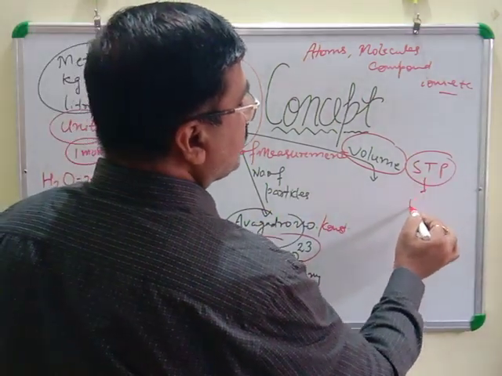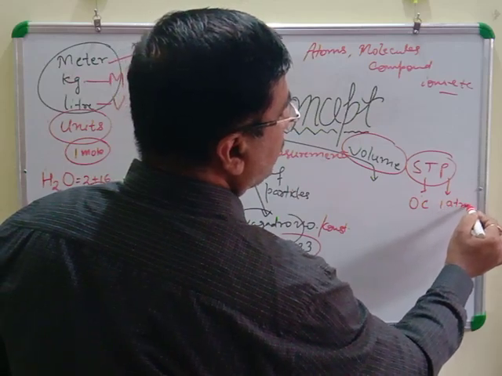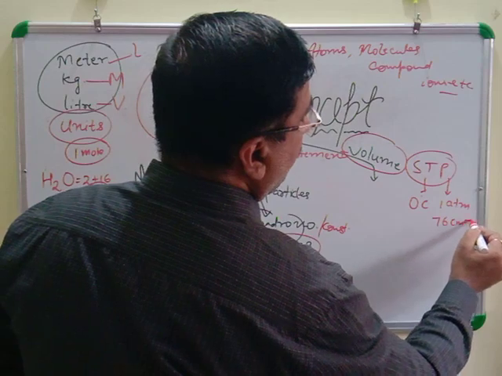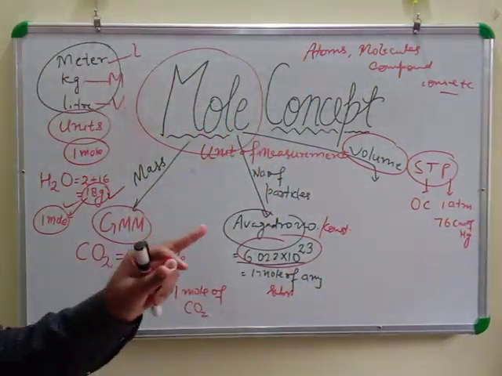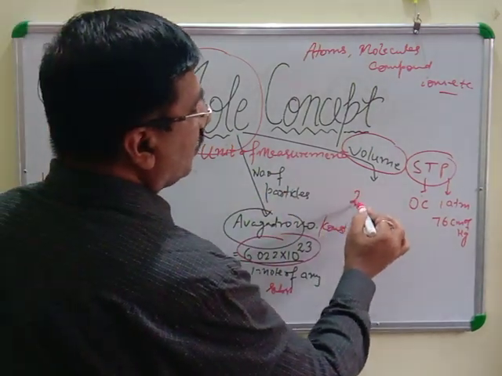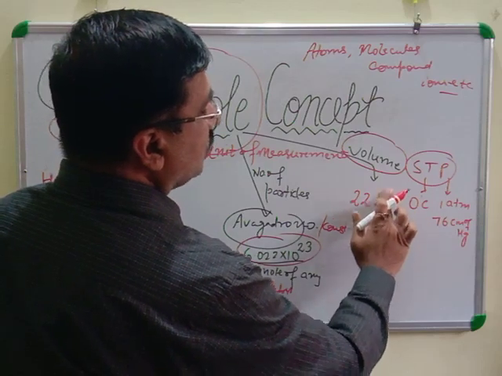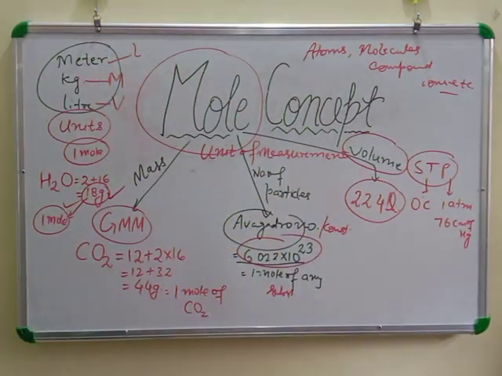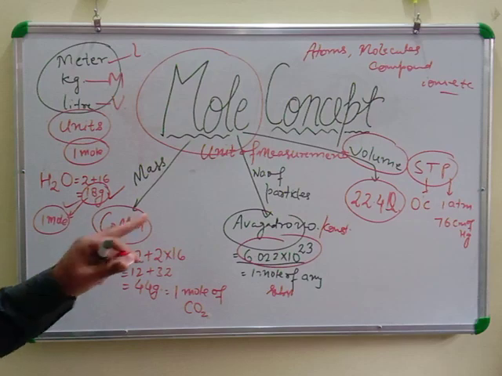Temperature is 0 degrees Celsius and pressure is 1 atmospheric pressure, that is 76 centimeter column of mercury in barometer. So when the conditions are STP, then the volume is 22.4 liters. How much? 22.4 liters of volume of the gases. I can say it is only for gas.